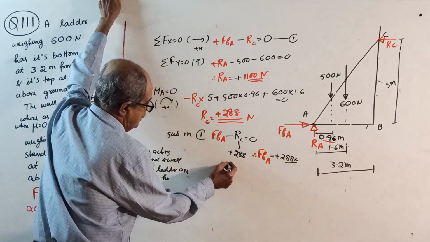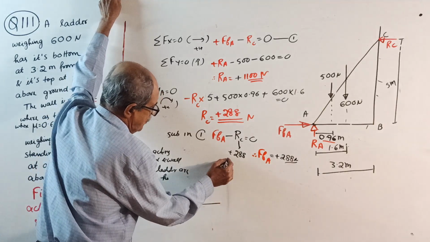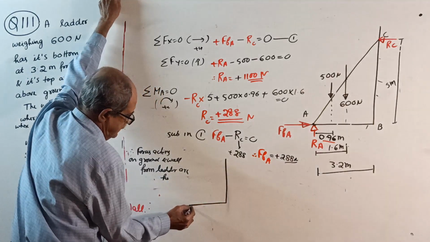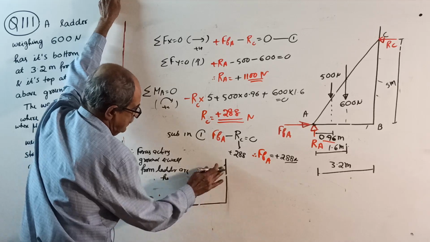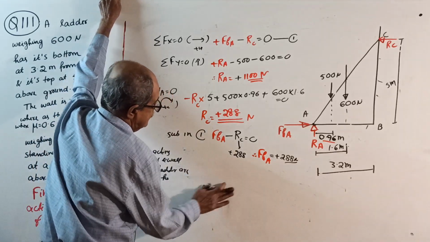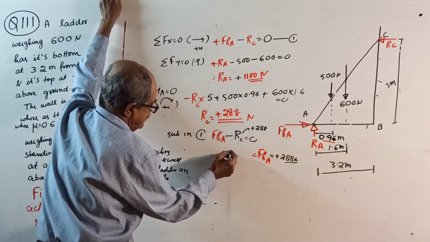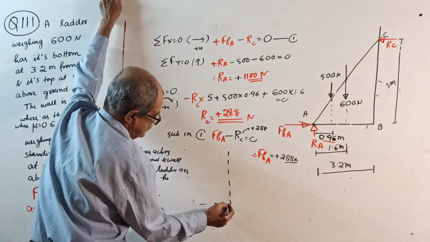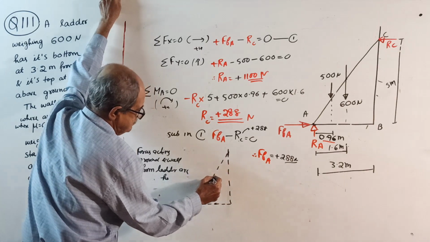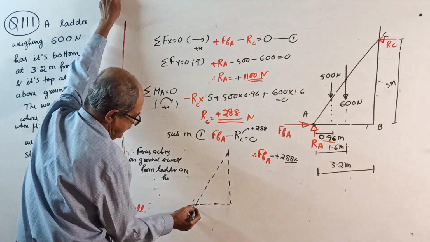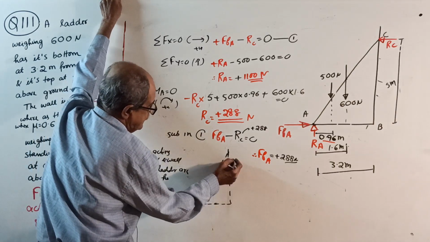Show the wall and ground with a small sketch. This is the position of the ladder. This is the contact point A. This is the contact point C. This is B.